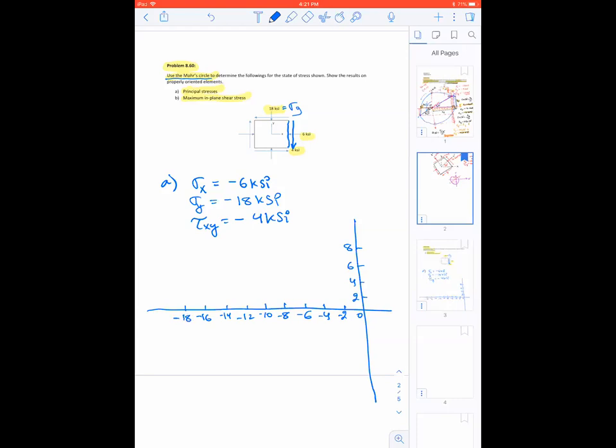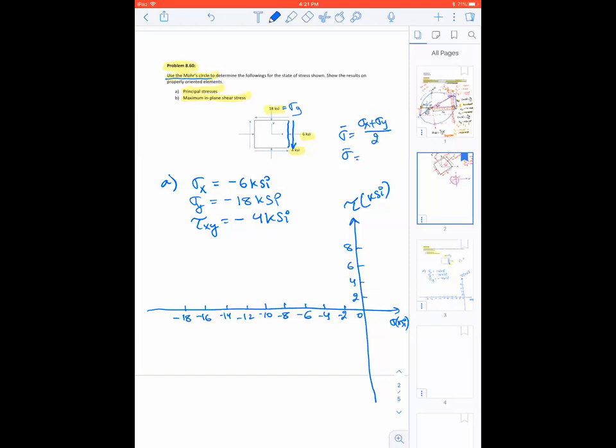Okay, so this is my tau axis in ksi, and this is my sigma axis in ksi. So now I'm going to actually draw it. Just for checking, I will calculate the center of my circle, sigma bar, which is sigma x plus sigma y divided by 2.